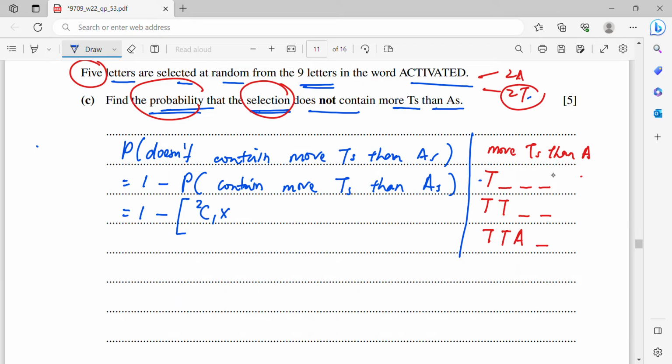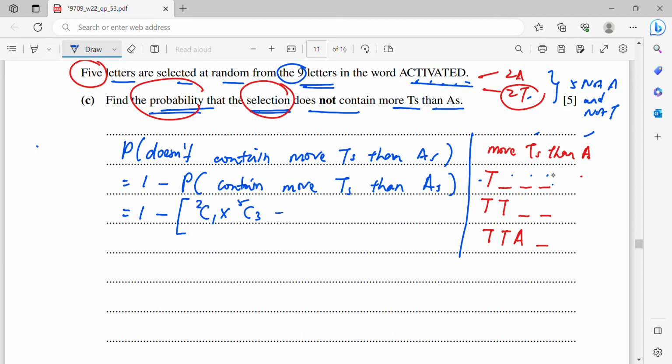For the other 3, you must exclude T and A, so you choose from the remaining 5. Initially you have 9, minus 4, you still have 5, not A and not T. So from these 5 you need to choose 3, therefore 5 choose 3.